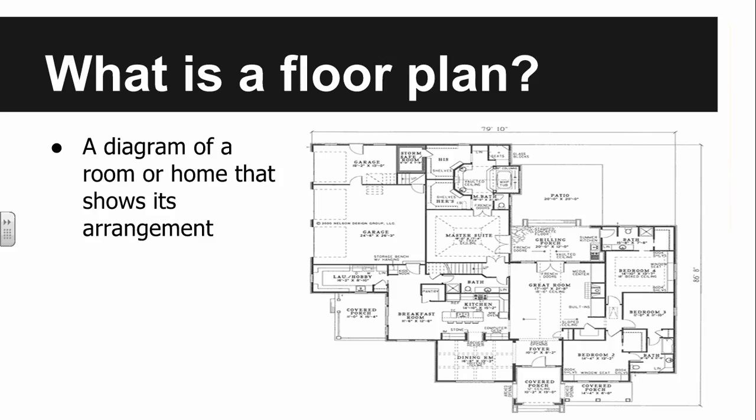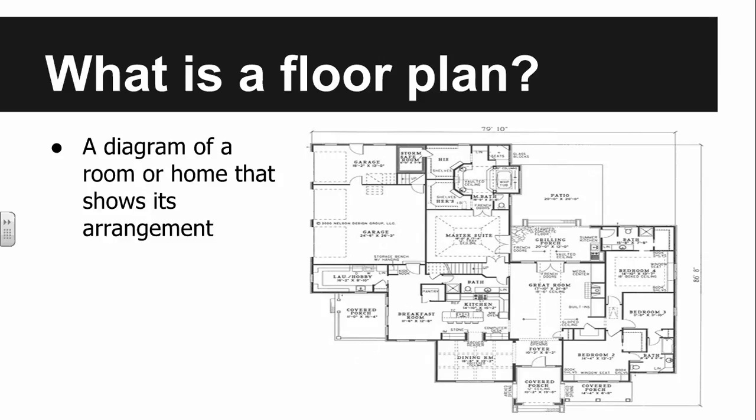So here is what a floor plan looks like. As I was saying, it's pretty much a diagram of a room or a home that shows arrangement. The floor plan here literally just shows the arrangement of where the rooms are. When you start practicing floor plans in this module, you're just going to be making rooms as opposed to full homes.